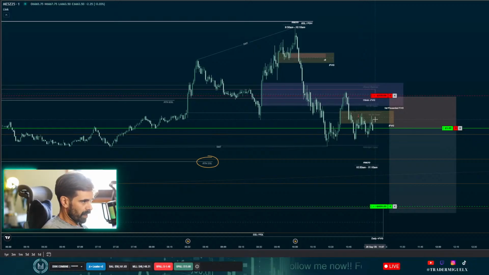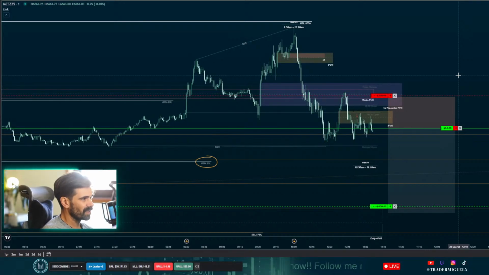So at this point, we got another rejection here at the midpoint of this inverted fair value gap. But honestly, I'm not liking how price is slowing down here. At this point, I would like to see some speed to the downside.